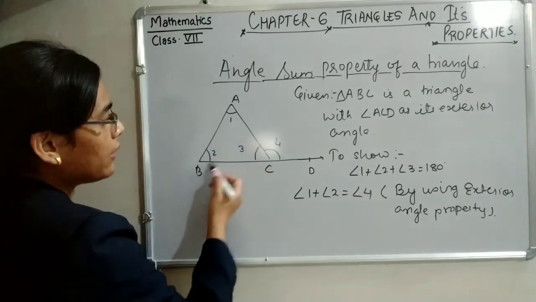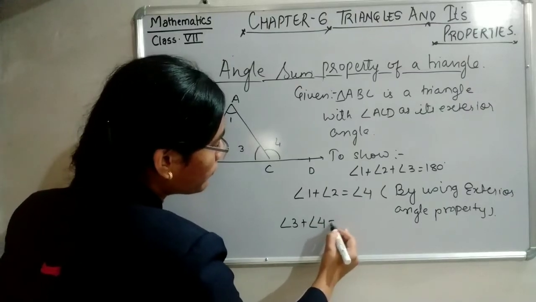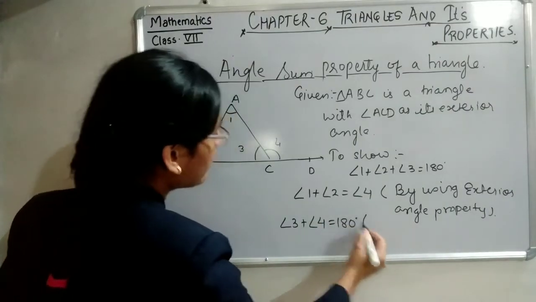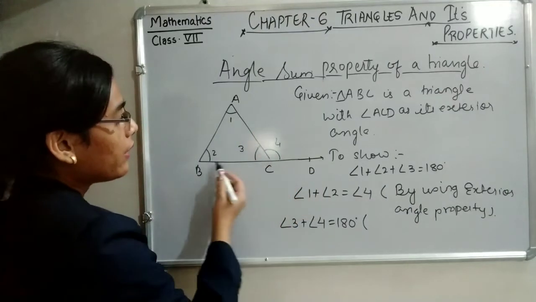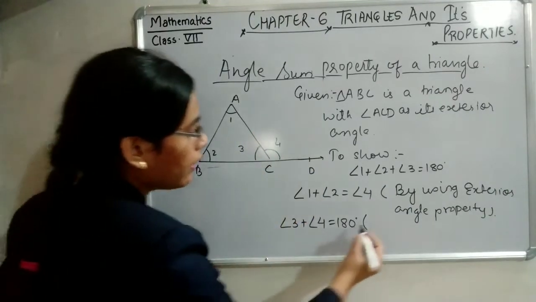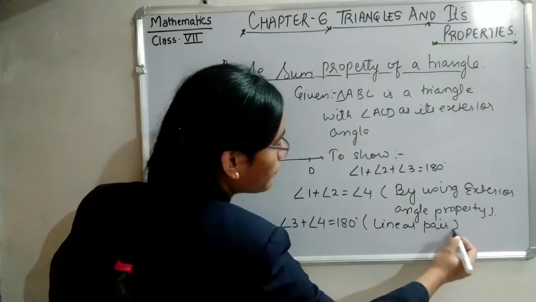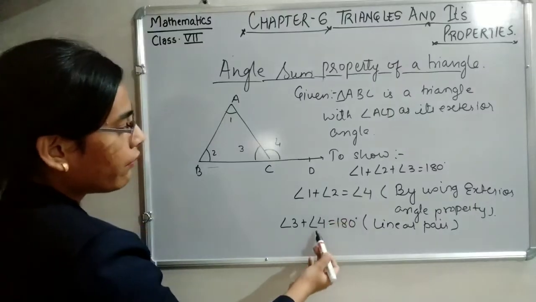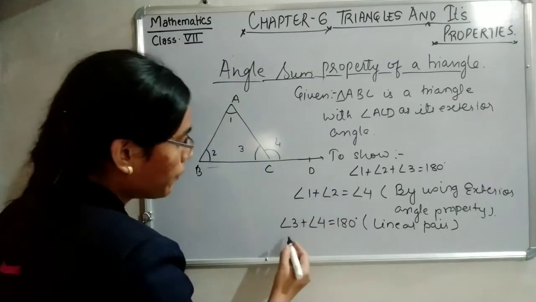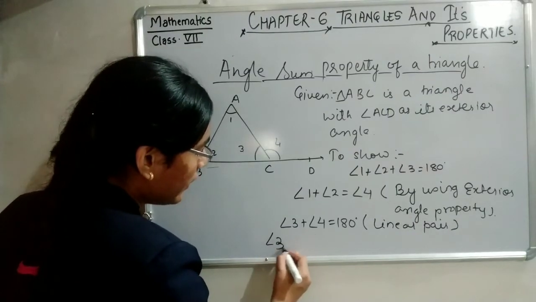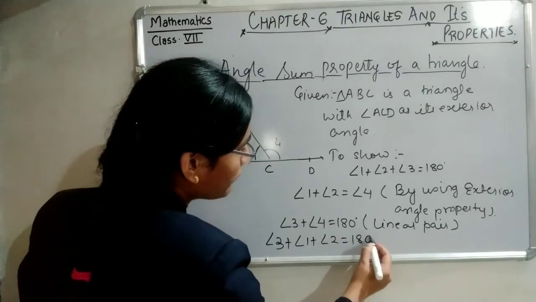So the sum of angle 3 plus angle 4 will be equal to 180 degrees, because both angle 3 and 4 are adjacent and form a linear pair, hence their sum is 180 degrees. Also we can put the value of angle 4 as angle 1 plus angle 2, that is angle 3 plus angle 1 plus angle 2 is equal to 180 degrees.